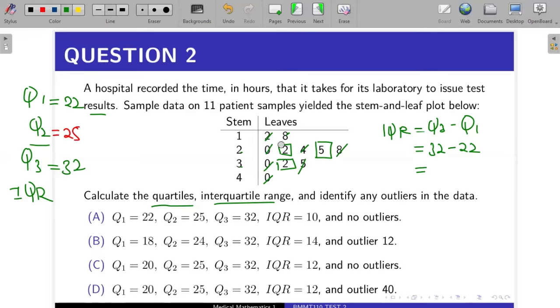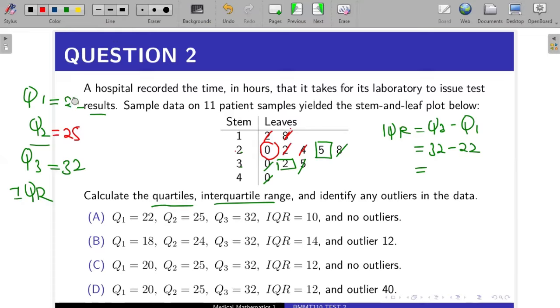Because I'm canceling like this, look at this. We said the 25 has divided the data into 2 parts. So if I cancel this 4, I should cancel the 2. If I cancel out this 8 here, I should cancel out the 2 here, and note this is 0. So the Q1 should be 20 there and not 22.